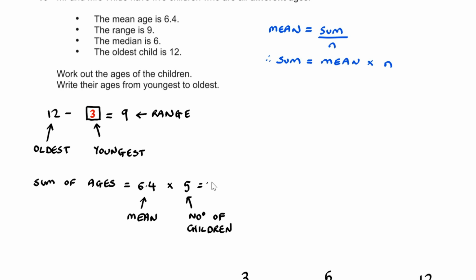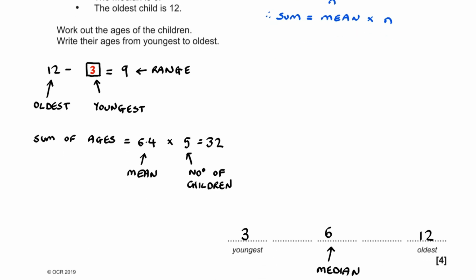So all of their ages added together gives 32, and the remaining children would have an age of 32, take away 3, take away 6, take away 12, which is 11.